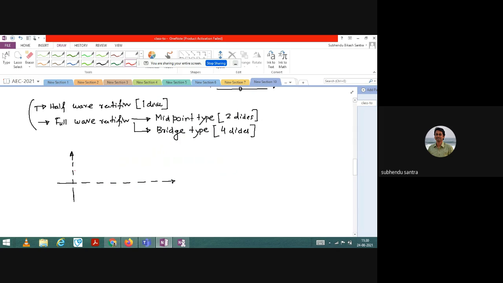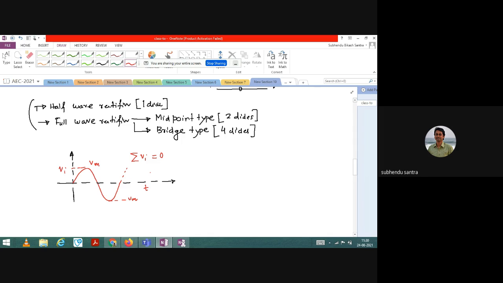Let us say I have a symmetrical supply which is alternating in nature. Symmetrical means the maximum voltage Vm is the same as the minimum voltage, minus Vm. Let us say this is Vi. Can you tell me what the average Vi is? It is zero.